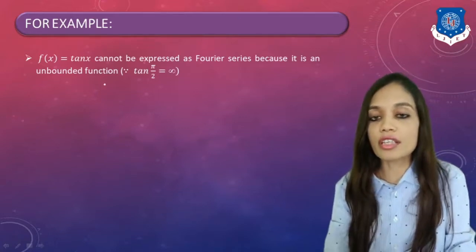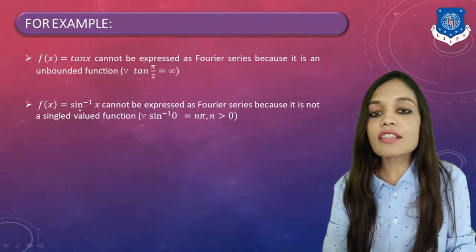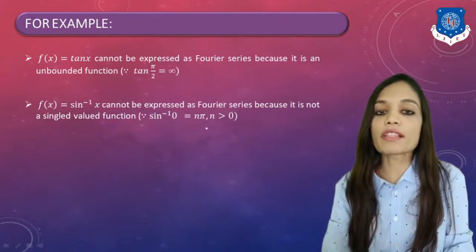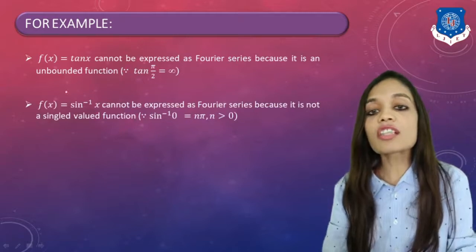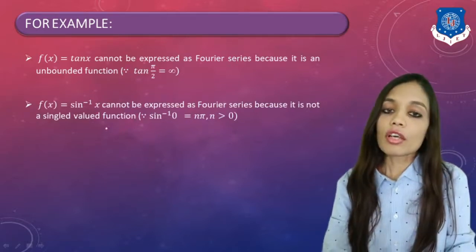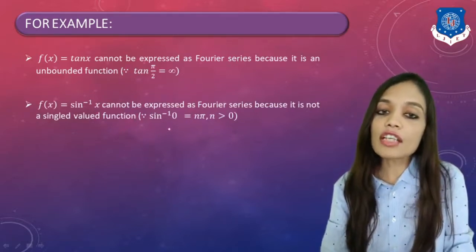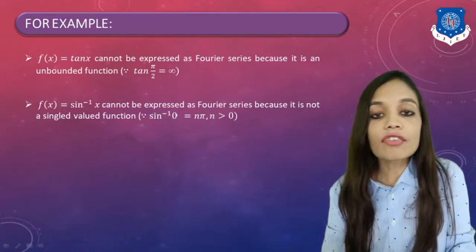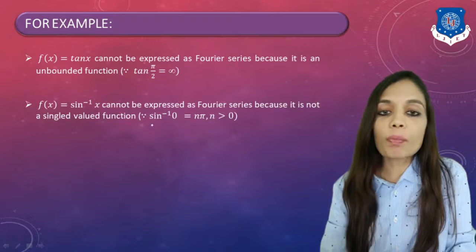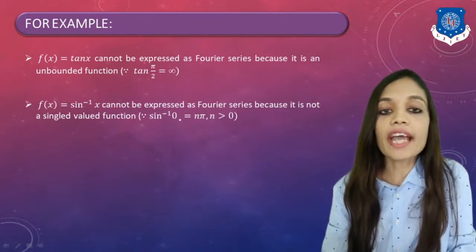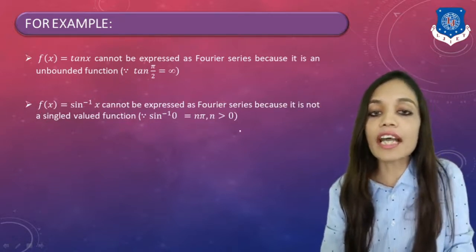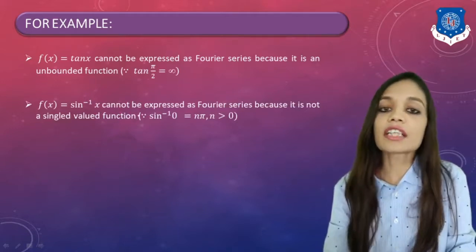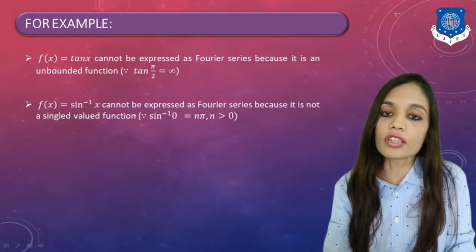Next, f of x is equal to sine inverse x. This also cannot be expressed as a Fourier series because it is not single valued. Since sine inverse 0 is equal to n pi, that is, sine inverse 0 will be equal to pi, 2 pi, 3 pi, etc. Therefore we can see that it is not a single valued function, hence it cannot be expressed as a Fourier series.